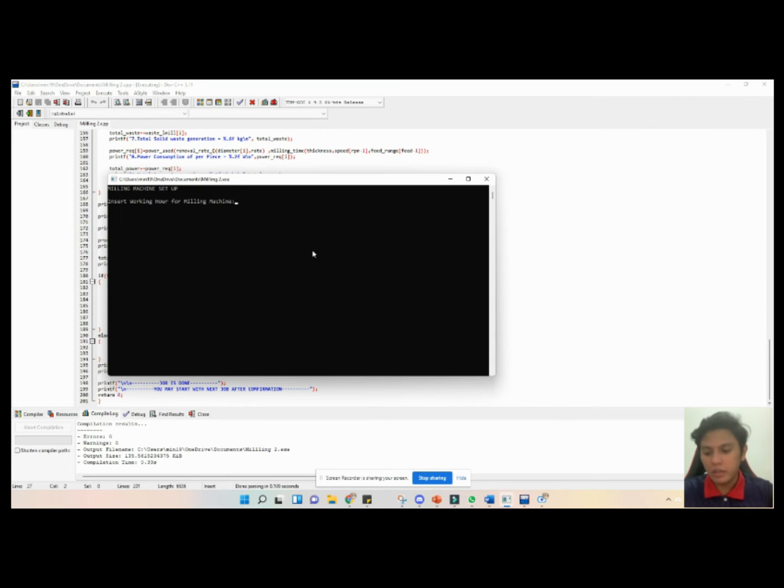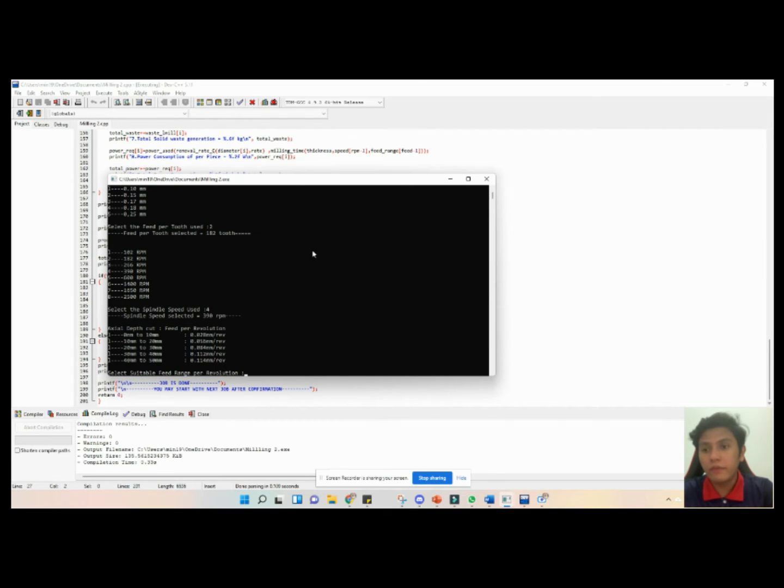So the output. For the working hours for the milling machine, I will assume 6, and then the flipper I will assume 2, and then the spindle I will assume 4.